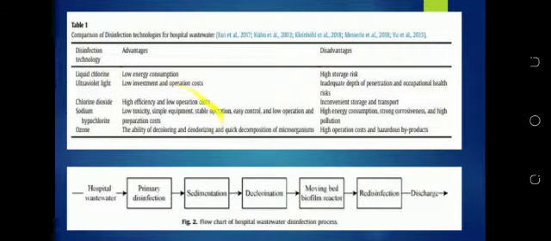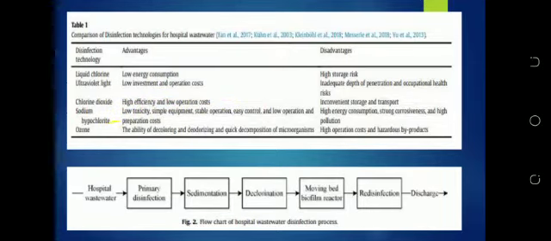These are the advantages: liquid chlorine has low energy consumption, but it also has the disadvantage of high storage risk. Similarly, ultraviolet light has low investment and operation cost, but inadequate depth of penetration and occupational health risks.